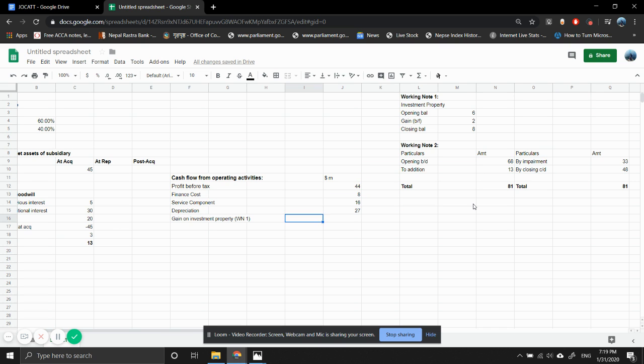So what we will do is bring that figure down over here. Impairment goodwill, working note 2, right? So again we added it over there. So that means it's added on that figure, right?